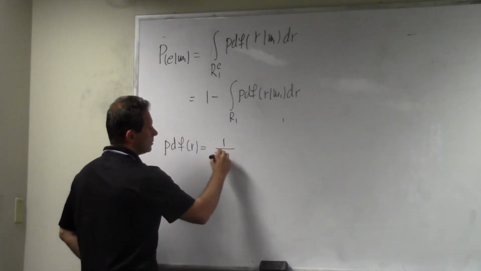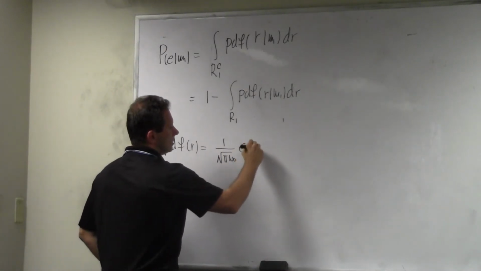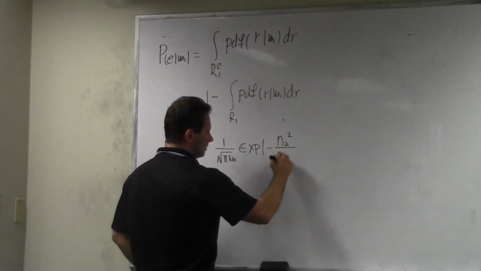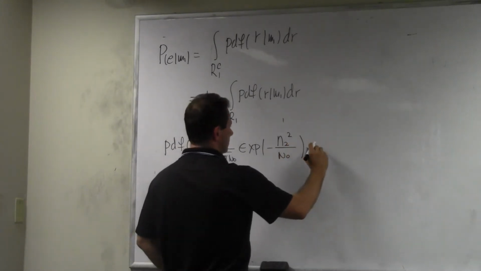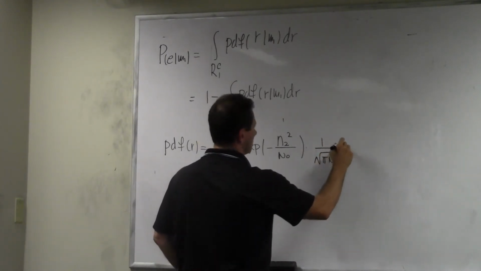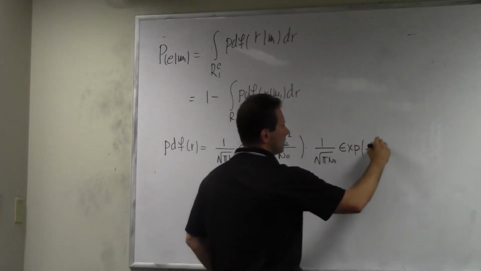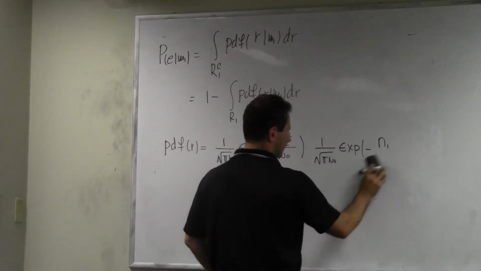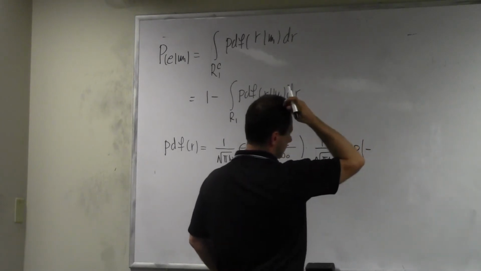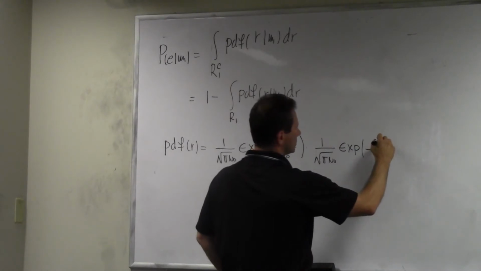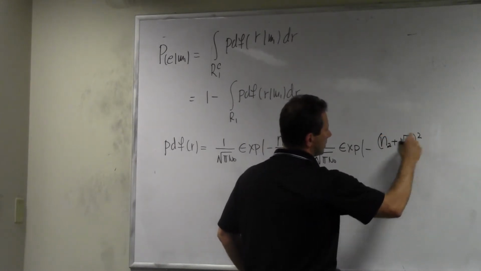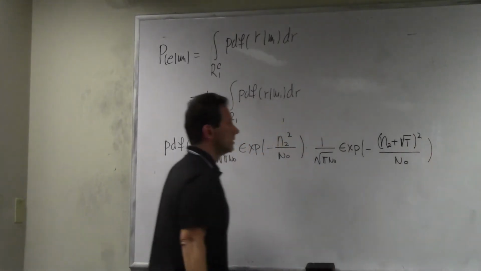So I have 1 over square root of pi N0 times e to the minus n2 squared over N0, times 1 over square root of pi N0 times e to the minus (n1 minus square root of E) squared over N0. The product of the two.